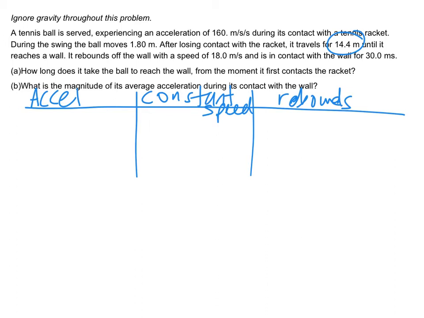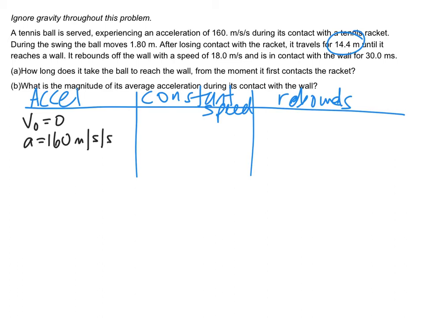Before it's served, it's not going to have any forward motion until we hit it. So the initial velocity would be 0, and the acceleration is 160 meters per second squared, so we'll consider that our positive direction.